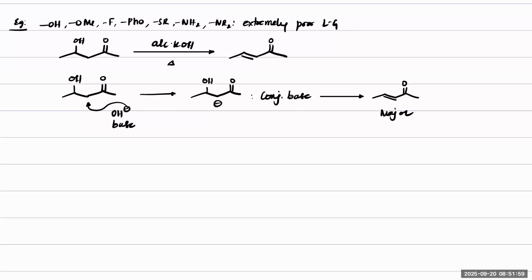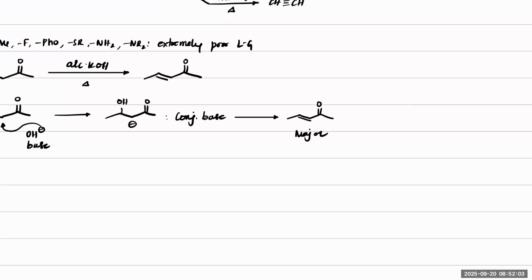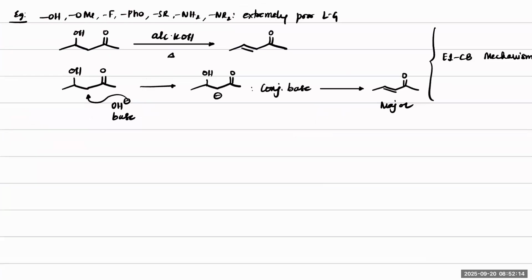Next, this kind of elimination is called the E1CB mechanism. In case of the E1CB mechanism, what are the conditions? It must have a poor leaving group.